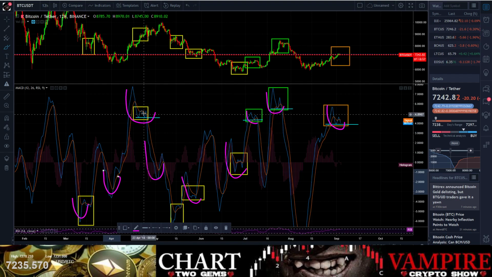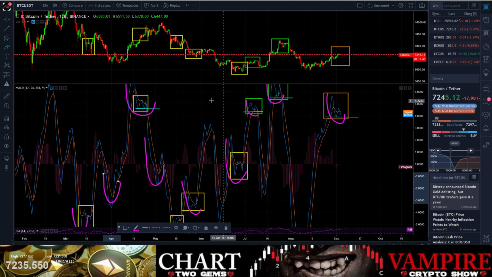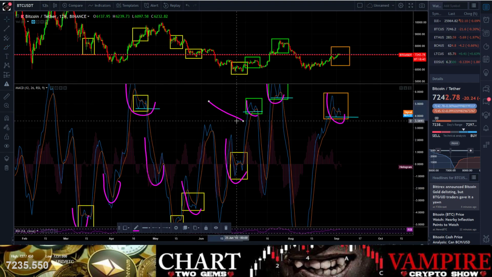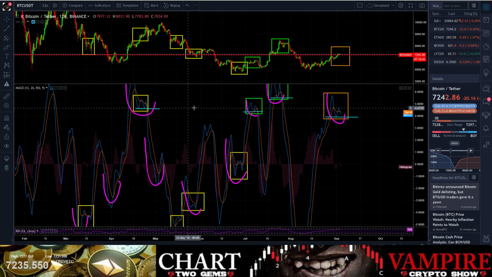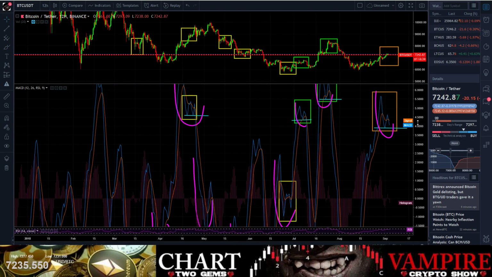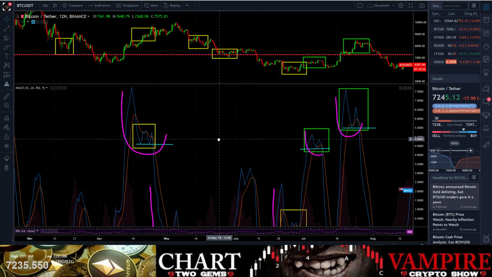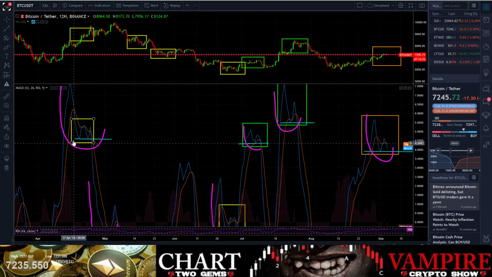Now what's critical to look at is when you get down inside and take a look at this pattern that plays out every time. What you're looking for is on the bullish moves, and this box right here is a really good example.